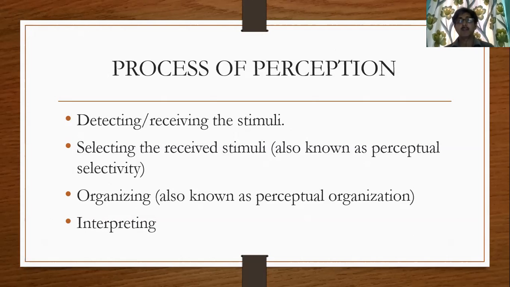For example, if you have ever faced a very unfavorable situation, not at all comfortable for you, that particular situation will act as an external stimulus. So you might have received that stimulus in your life, and that is actually the receipt of the external stimulus.